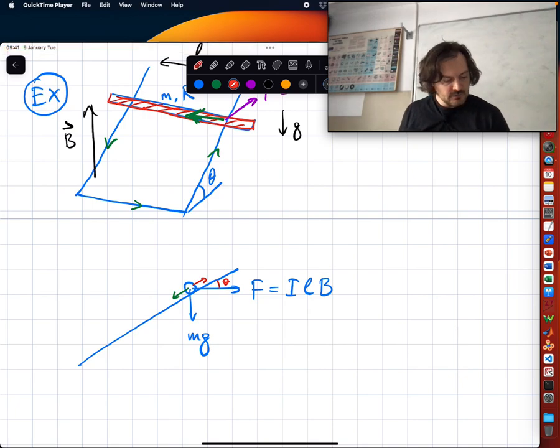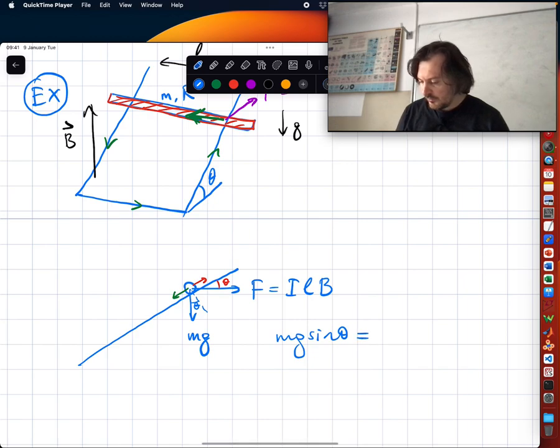We want the terminal velocity, and terminal velocity is reached when these two forces are equal. So it will be reached when mg sine theta is equal to ILB cosine theta, right?